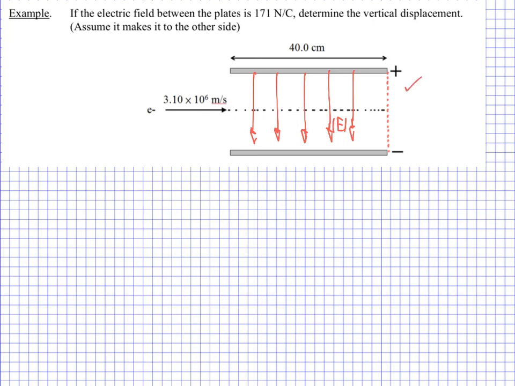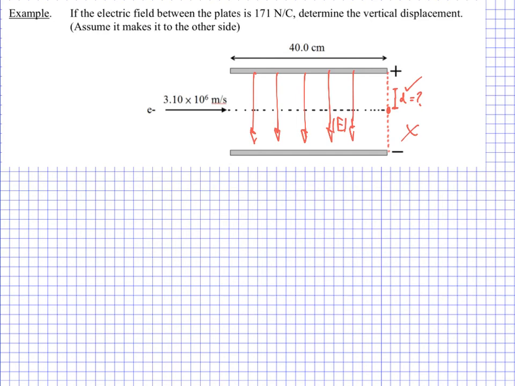So it's definitely going to be this side of the undeflected path, not this side. The question is by how much? How much is it going to move along this distance here? That's what I'm trying to find out. This value here. Okay, so we got some kinematics going on here.